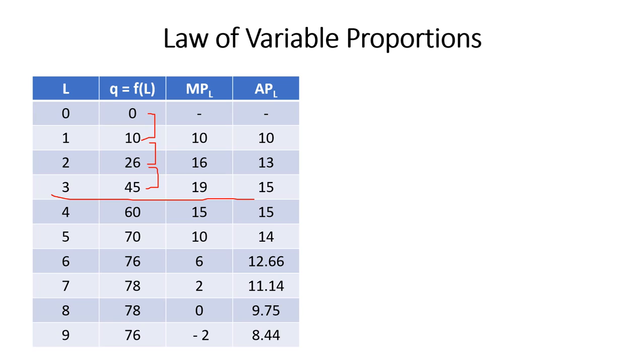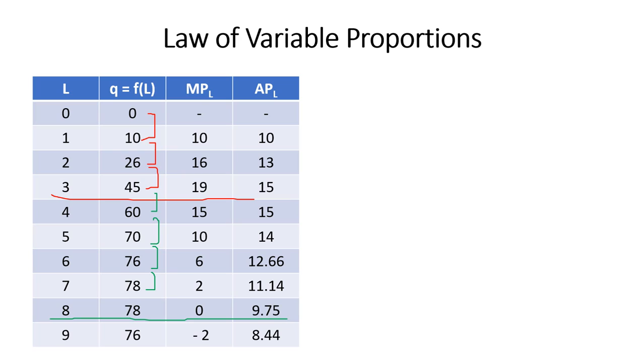From the next units, we can see that up till the 8th unit of labor, the output quantity is also increasing. But now the increase at each additional labor is lesser than it was before.